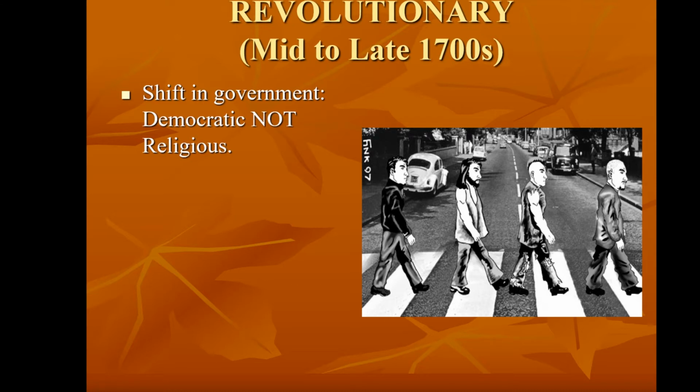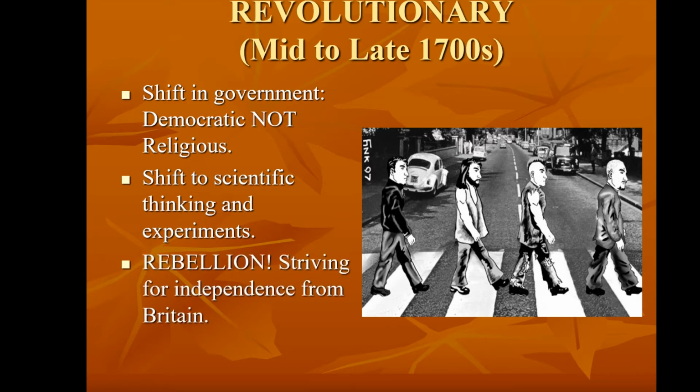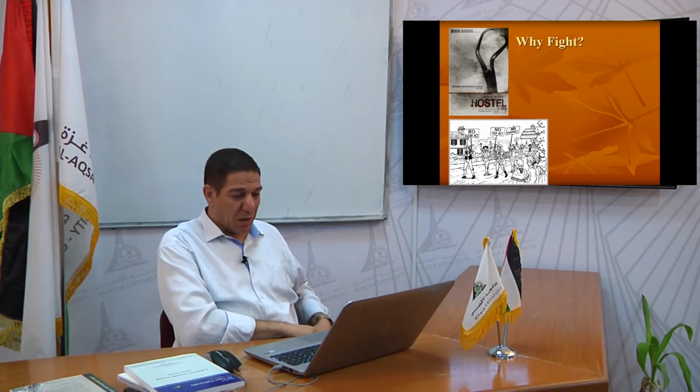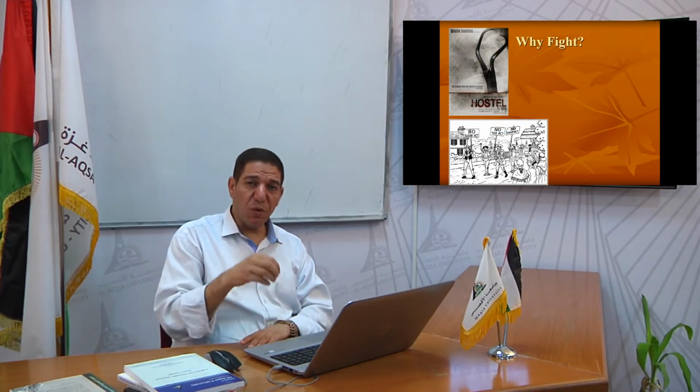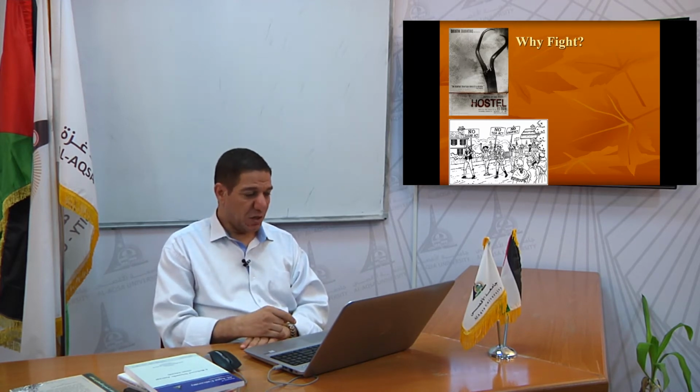Why did they fight? Okay. England, in fact, controlled the English people on the American soil, or the European people on the American soil. Okay? And now it imposed on them several types of taxes.